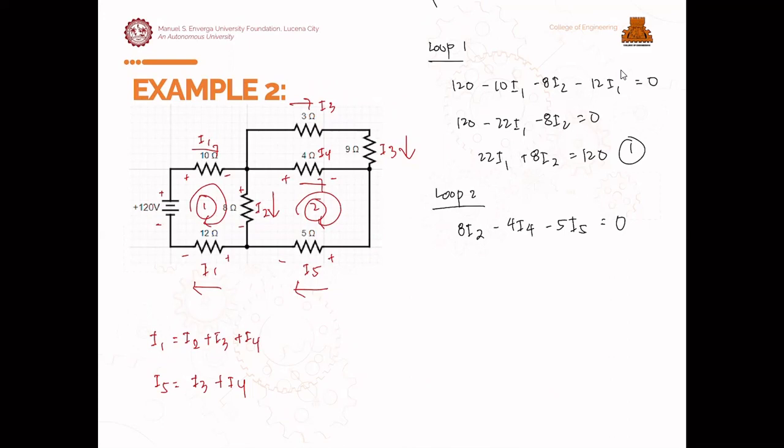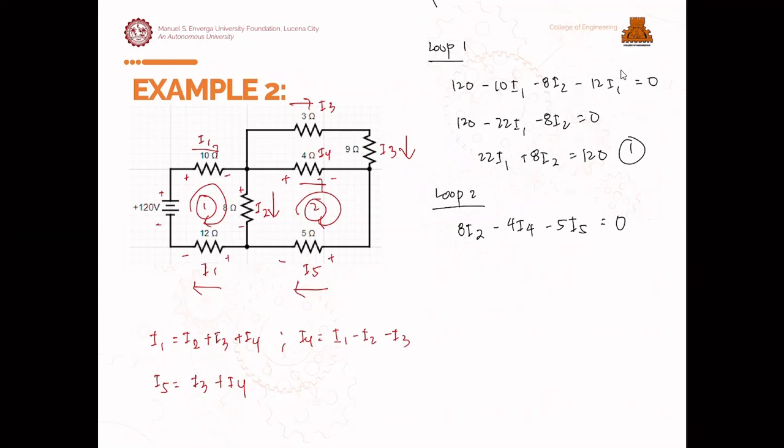So, what can we do here? From the relationship we got, we can get I4 as I1 minus I2 minus I3.